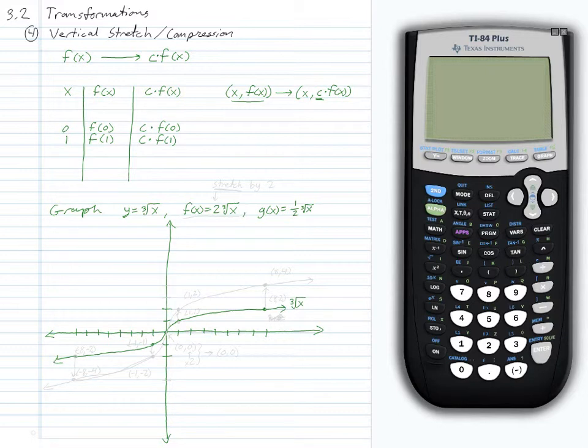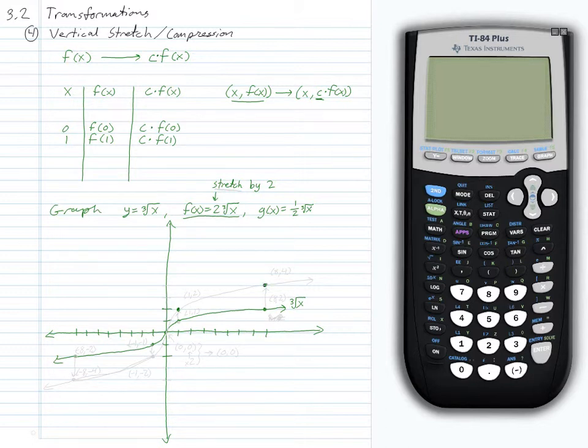Now, what is different about f of x? Well, every point is going to get stretched by a factor of 2. In other words, every point is going to be twice as tall. So the point 1, 1, the y-coordinate is going to get multiplied by 2 and move up to 1, 2. 8, 2 is going to be twice as tall.